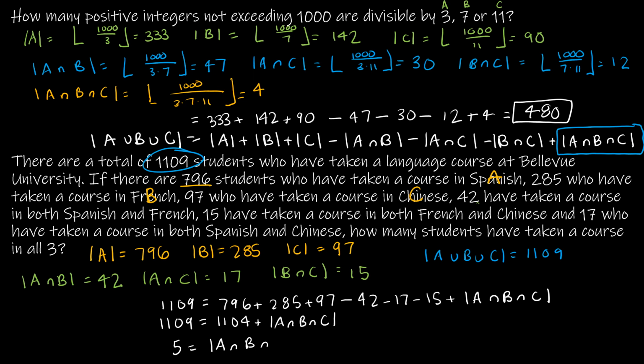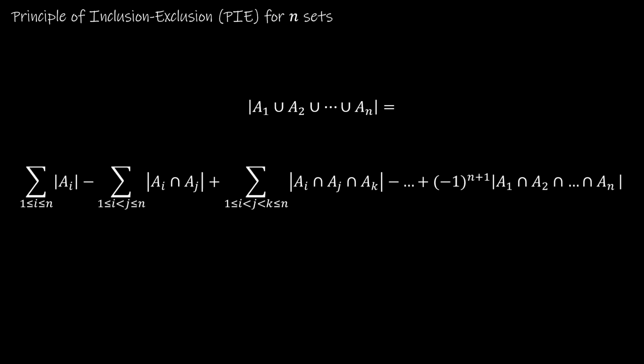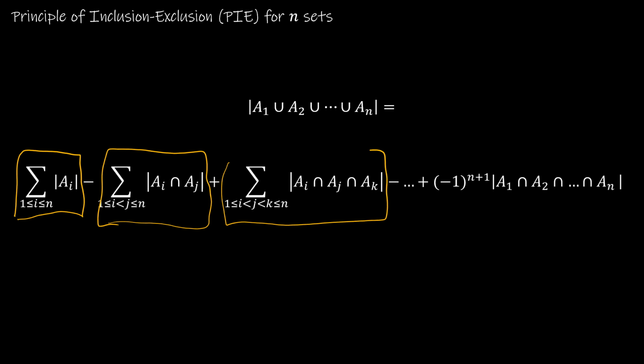So as I'm sure you've probably guessed, there is a principle of inclusion-exclusion for n number of sets, and it should not come as a surprise to you. What we're going to do is exactly what we've done to this point. We're going to add all of the cardinalities of single sets, subtract the cardinalities of the intersection of 2 sets, add the cardinalities of the intersection of 3 sets, subtract for 4 sets, add for 5 sets, and so on and so forth.